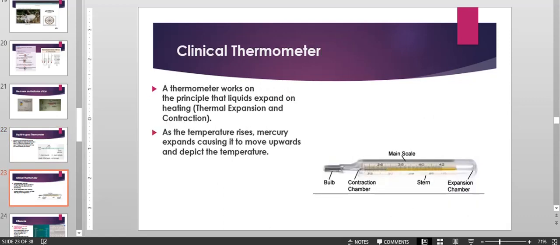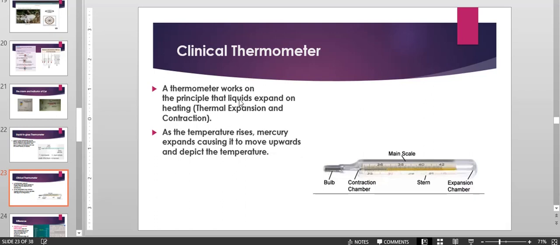Another type of liquid and glass thermometer is the clinical thermometer, as it makes use of mercury, which is in liquid state at room temperature or atmospheric pressure.